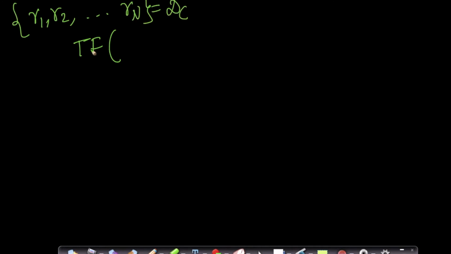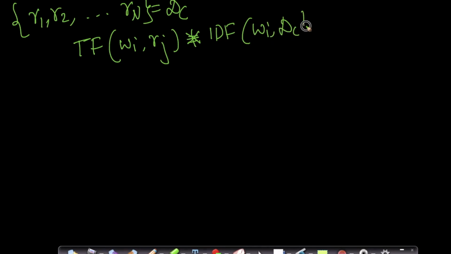So TF-IDF is basically a multiplication. Given reviews R1, R2, so on, Rn, which are part of my document corpus, the TF-IDF of any word Wi in a review Rj is TF multiplied by the IDF of Wi in my document corpus. This is a multiplication.